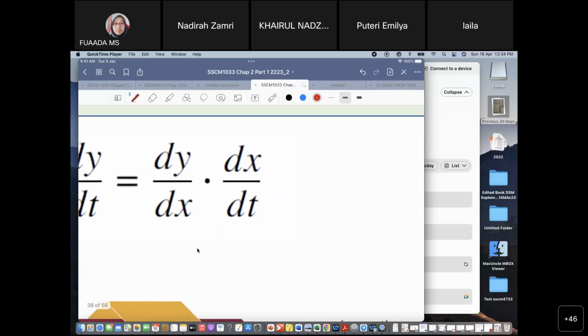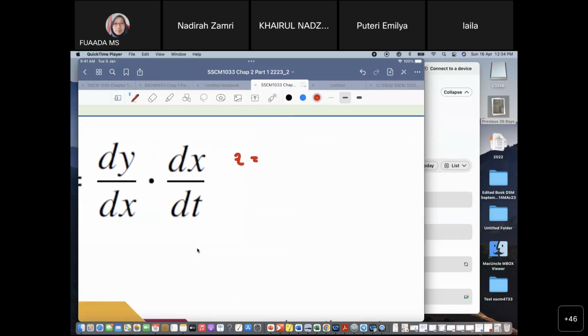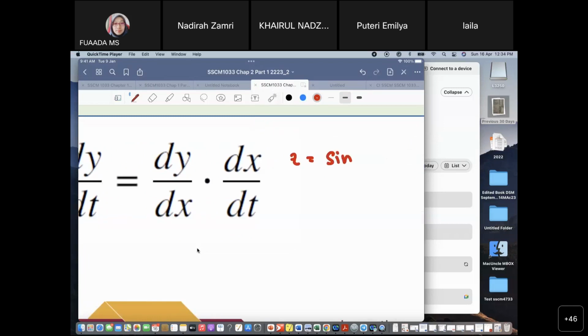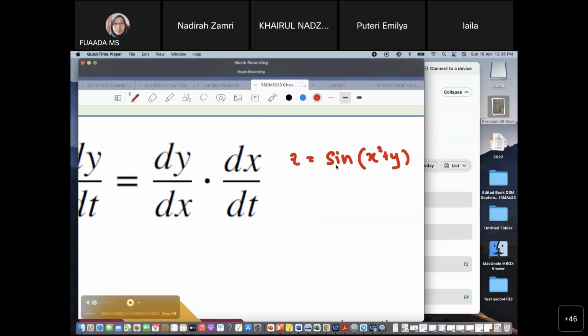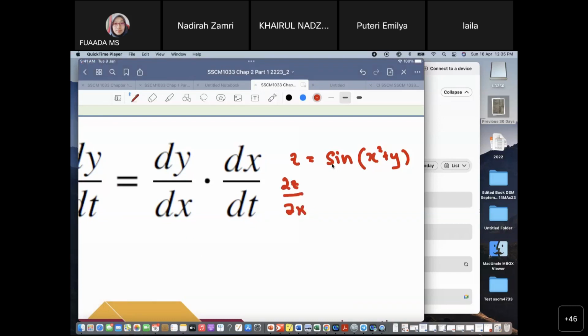So kalau you just ada 2 layer, contoh macam, you have Z is given by Z is the sine of x squared plus y. So you have 2 layers. Outer is the sine function and the inner is x squared plus y. So if you want to get the derivative del z del x, for example, you kena lalu dulu dia punya outer function.